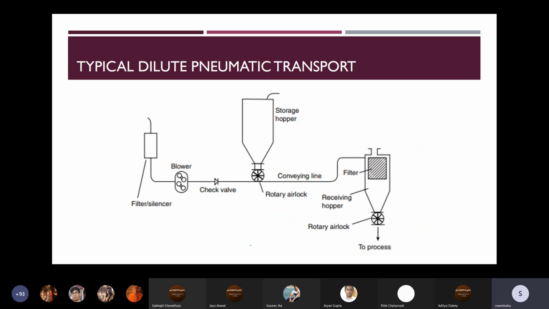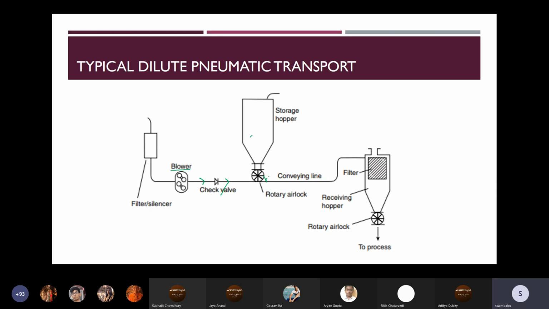So I have talked about pressure drop, I have talked about the blower, I have talked about how to attain the dilute phase transport. And this is the typical diagram for the dilute phase pneumatic transport. This is the blower. The blower sends the gas, usually air, with a certain flow rate, and the solid stored in the silo will be gradually supplied to this pipeline with the help of a rotary valve.